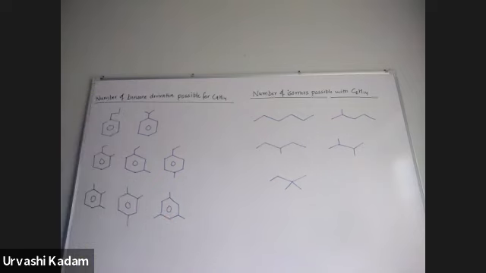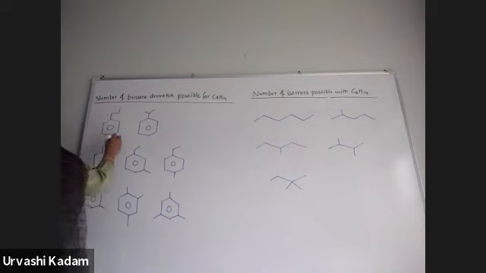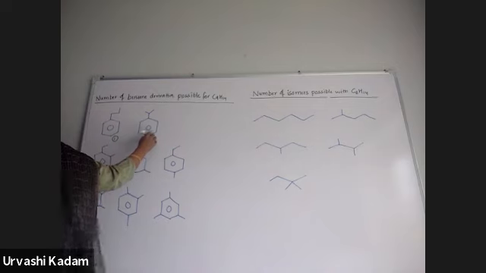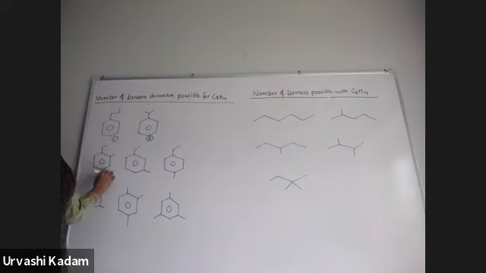And there is no other variation possible. Okay, so these are some benzene derivatives that I have written. Now we need to understand what they are of each other, so I will put numbers on them and explain. What kind of isomers they are of each other.